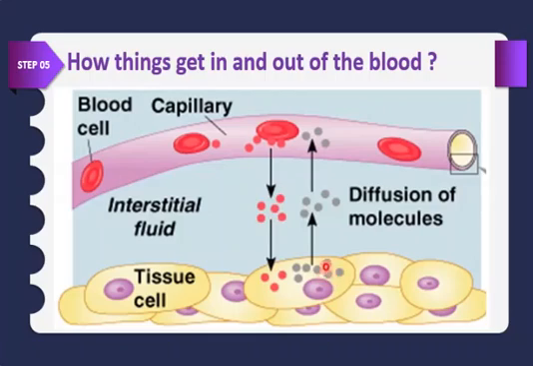And carbon dioxide is more concentrated over here, so it diffuses into the blood, because by diffusion, molecules move from higher concentration areas towards lower concentration areas. So in this way exchange takes place between blood vessels and the tissue cells.